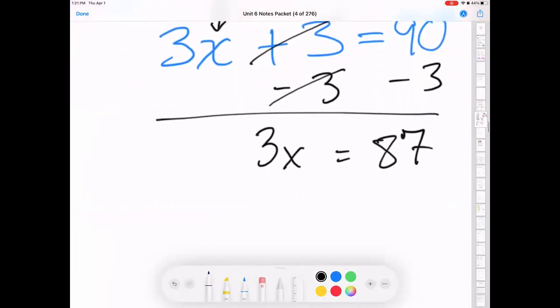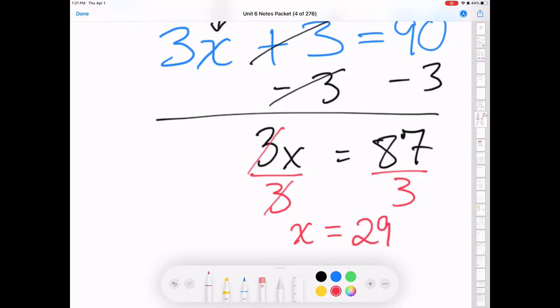With that 3 stuck to the x, we now divide. That's the second part of the two-step process. So the 3's cancel out, leaving x equals 87 divided by 3, which comes out to 29. So we see that our x value is 29.